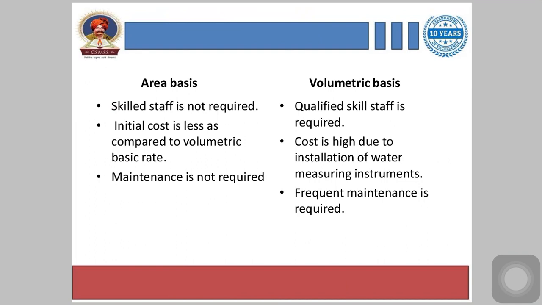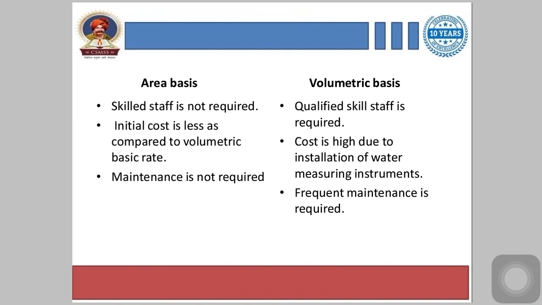And in the volumetric basis, the discharge measuring devices are required, so that wastage of water is not made and the actual volume of water is used. In area basis, skilled staff is not required, and in volumetric basis, qualified skilled staff is required.